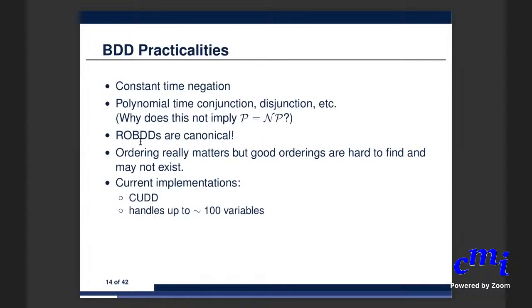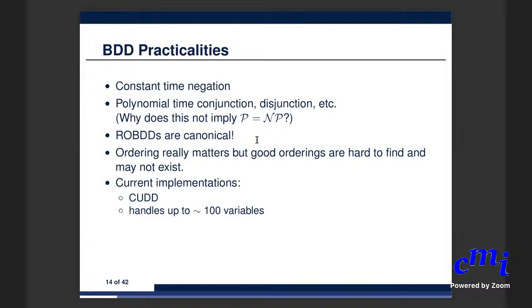As I said, ROBDDs are canonical for any given ordering. Once they're constructed, the decision checking is just constant time.